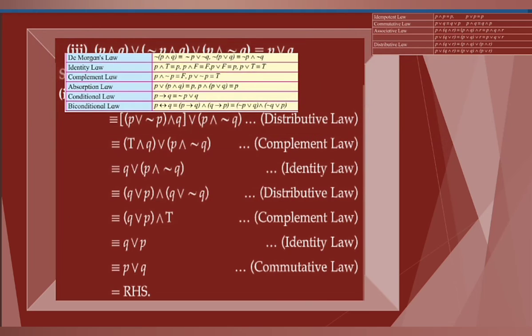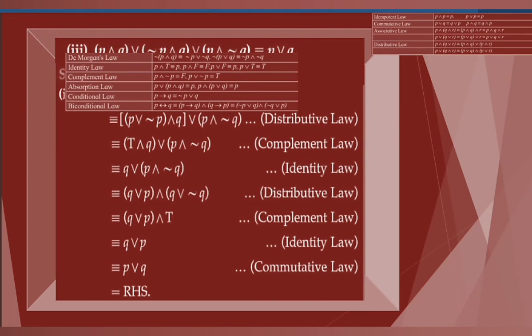See the table again. Complement law means P and negation P is F, and P or negation P is T. Here Q or negation Q is T, and this bracket is written as it is. This is the complement law. Now again apply the identity law.